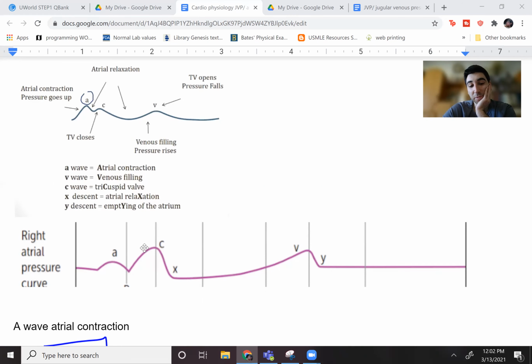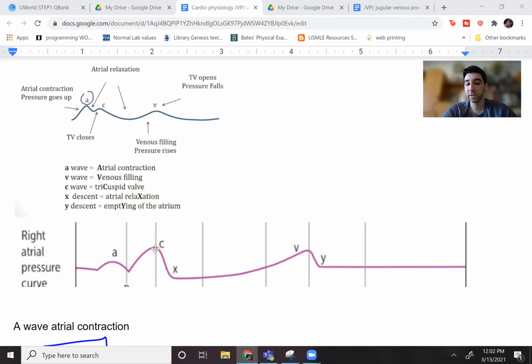This C wave corresponds to the tricuspid valve coming back and hitting the atrium, generating pressure into the atrium backwards from the right ventricle. So the start of the C wave is going to be the start of systole.